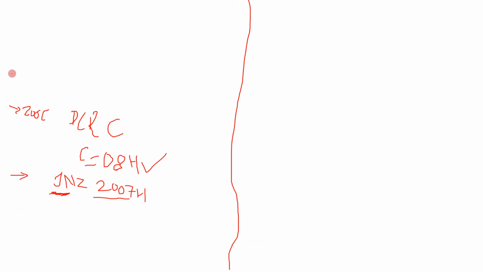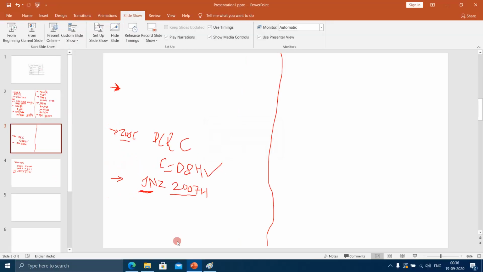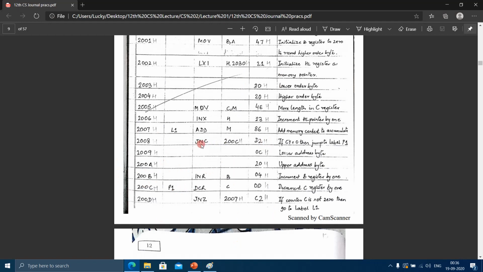In between there is one instruction, and it will not execute that instruction. It will directly jump to location 200C. As you can see here, jump on not carry, jump to location 200C, condition satisfied, so it will ignore this and jump to location 200C.